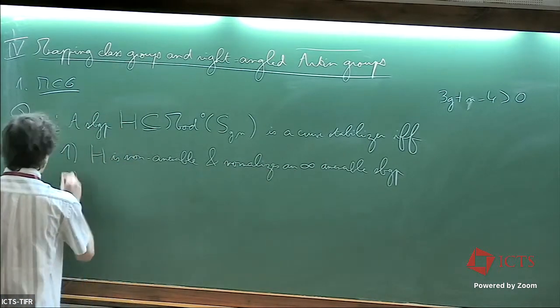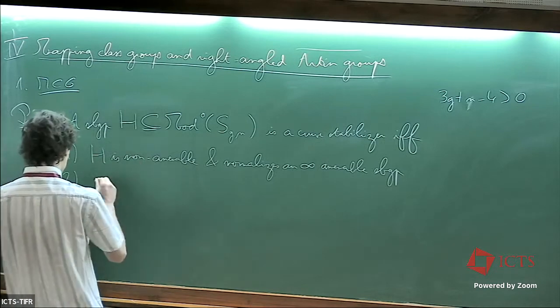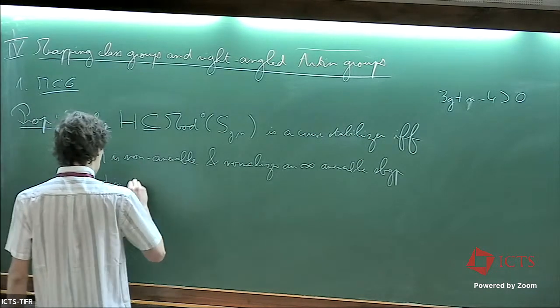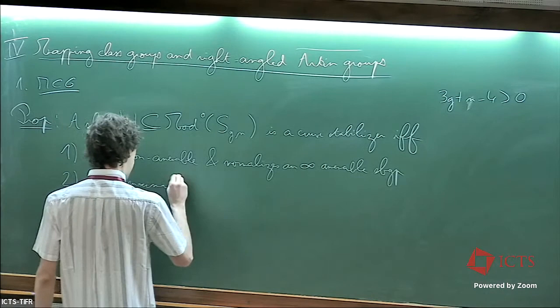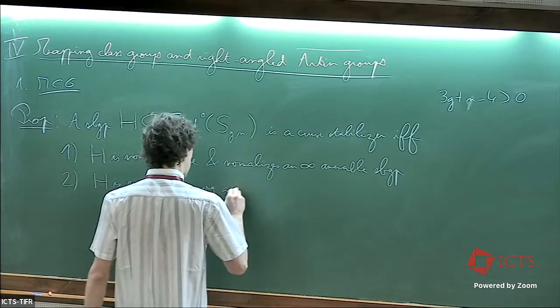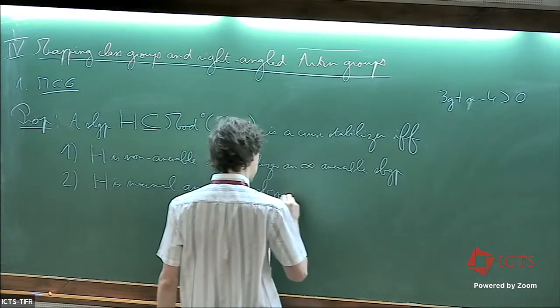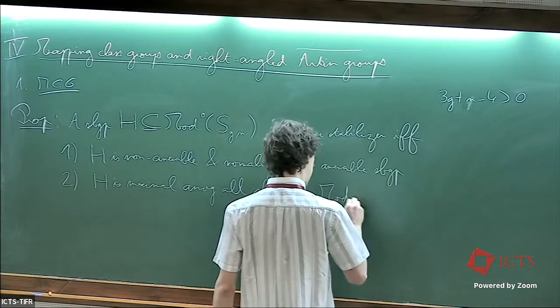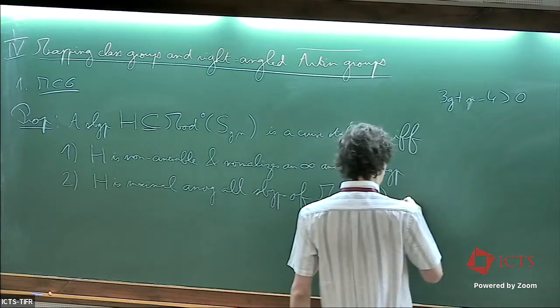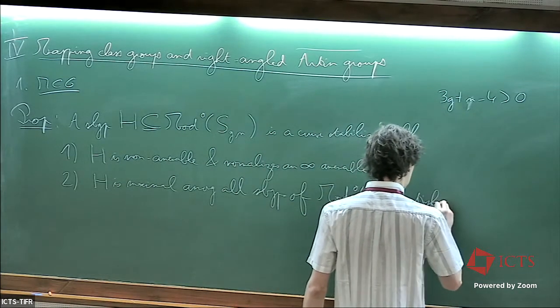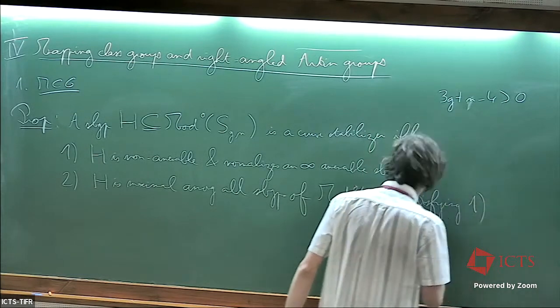And if you want to get the whole curve stabilizer and not just a subgroup, you have to say that H is maximal among all subgroups of the mapping class group that satisfy this first property.